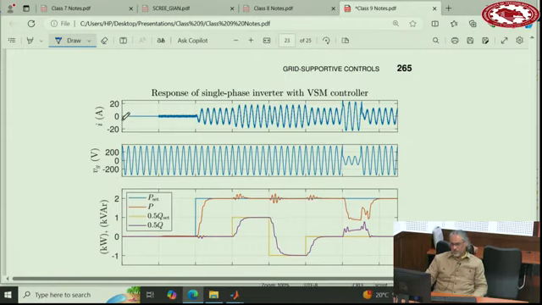So here is the starting time where the inverter is not working, but you are synchronizing to the grid. After the synchronization is done, you start your inverter. Set points are 0, so the current will be 0. Then the set point of real power goes to 2 kilowatts, the set point of reactive power to 2 kilowatts, then negative 2 kilowatts, and back. And then a grid voltage fault. So we actually managed to follow the set points.